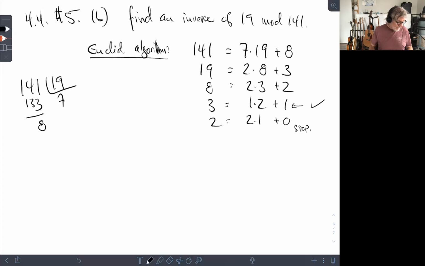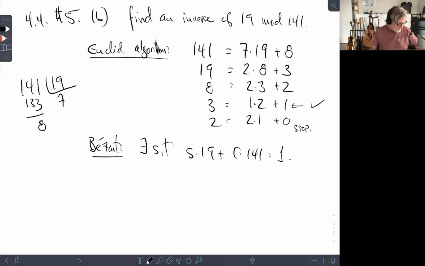Now, to find the inverse I want to use Bezout, right? What does Bezout say? It says there exist S and T such that S times 19 plus T times 141 equals 1, the GCD.